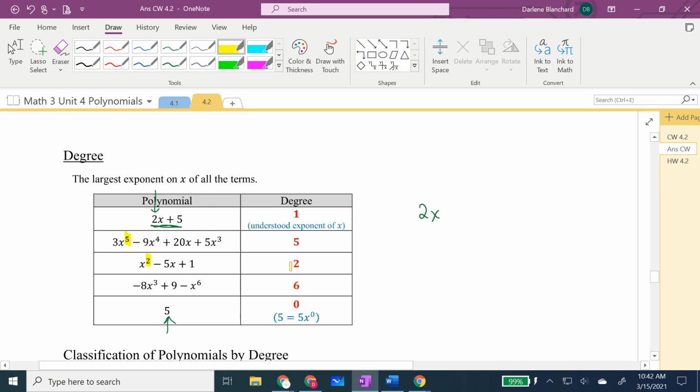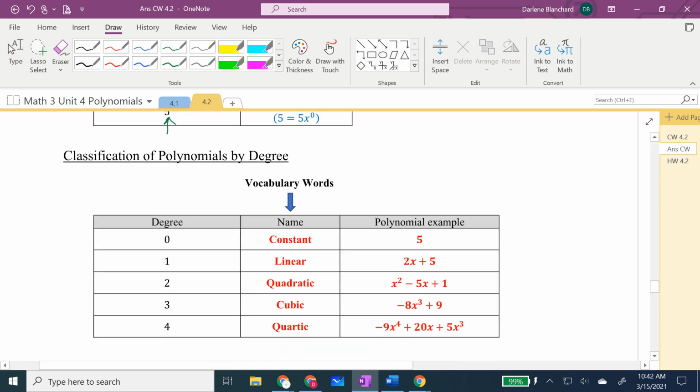And then you can see largest exponent is 2. And then here, again, be careful. It's not written in a particular order necessarily. 6 is the largest exponent. We're going to use the word degree a lot. Make sure you understand it means the largest exponent between all the terms.